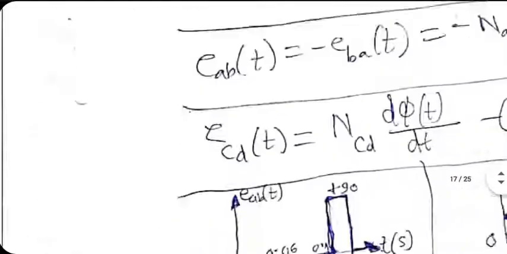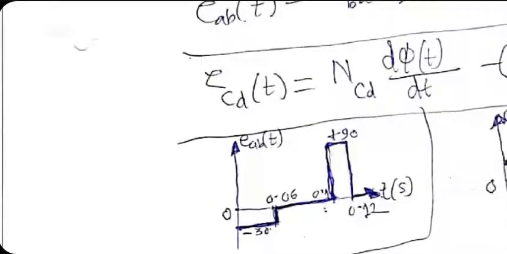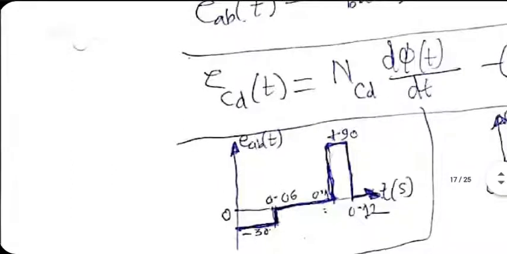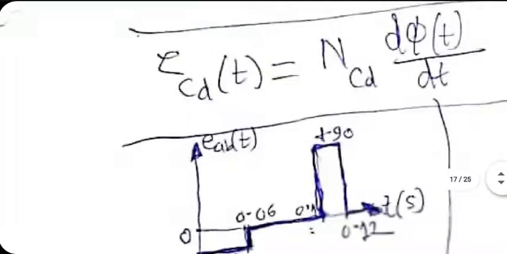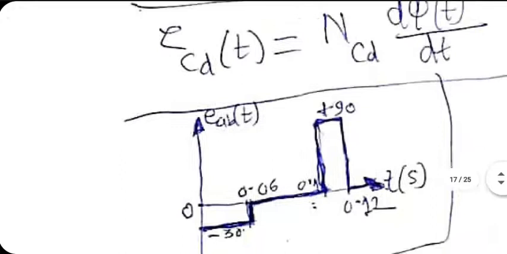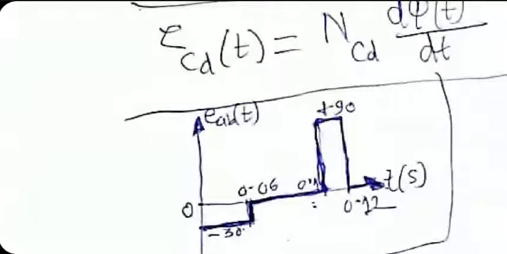You get another constant behavior. And the value you can double check is plus 90 volt. The plus and minus are happening because of the polarities. The magnitudes are more important to us anyway. So this is what you will see as the EMF behavior in the primary side. It is like a square wave.